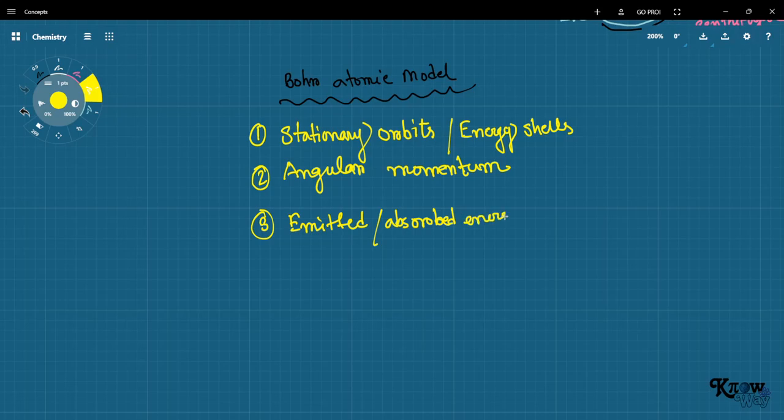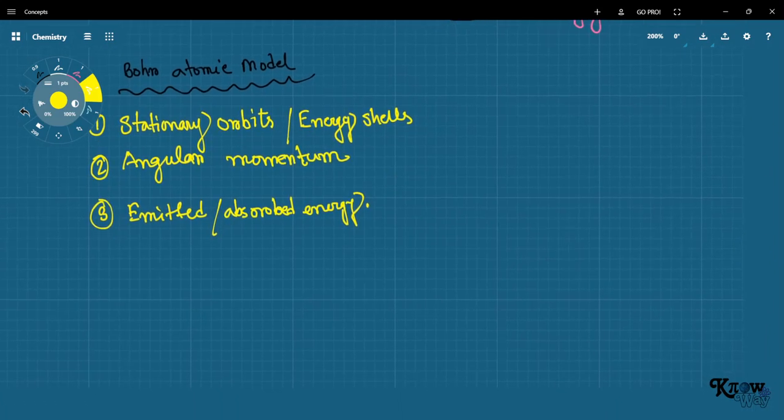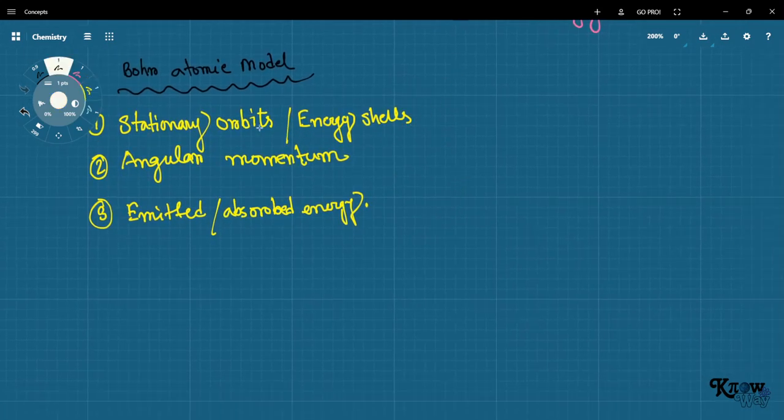If you still have confusion, let's make it much clearer. A stationary orbit, or stationary shell or principal shell, denotes that an electron moves around keeping a single orbit. Let's say there are two orbits right here.